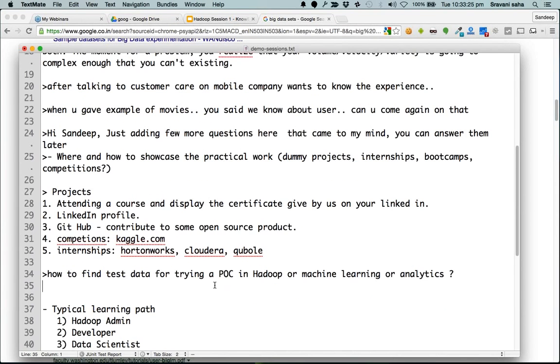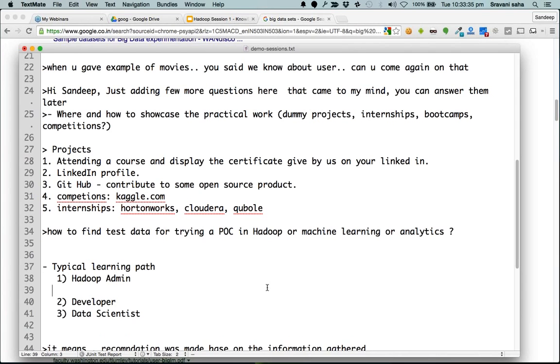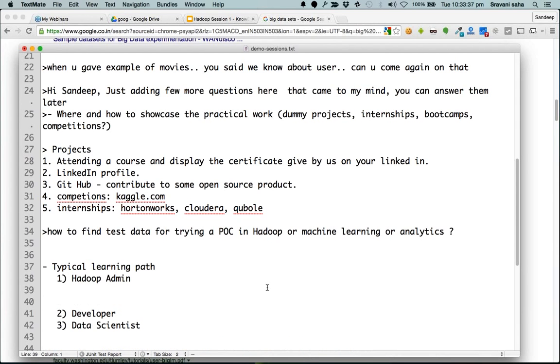Now, a question from somebody, I forgot the name: the typical learning path for Hadoop admin. The way you can learn Hadoop admin is by first understanding Hadoop, and then trying out the provisioning tools, such as Ambari or Cloudera Manager.